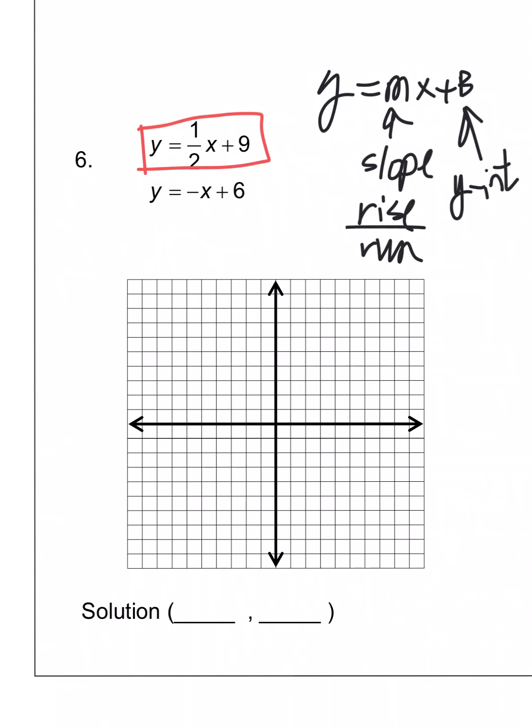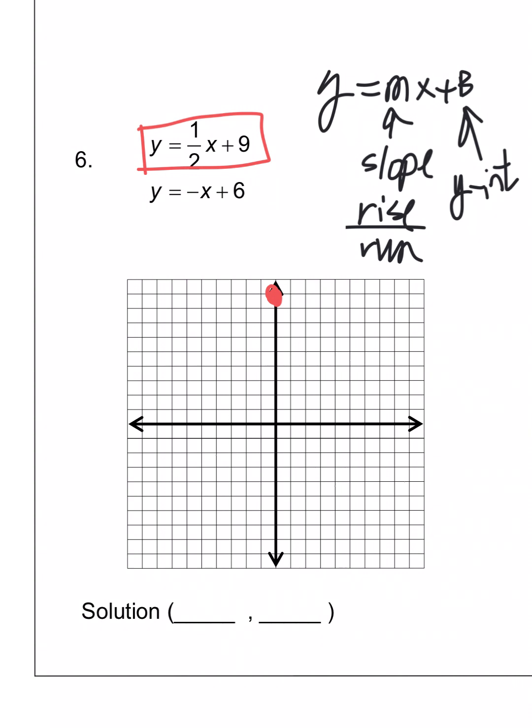Start off with your y-intercept. So on the first one, y equals 1/2 x plus 9. The y-intercept is 9. So I'm going to come up to 9 for my y-intercept, graph it, and then I'm going to look at the slope, which is 1/2.